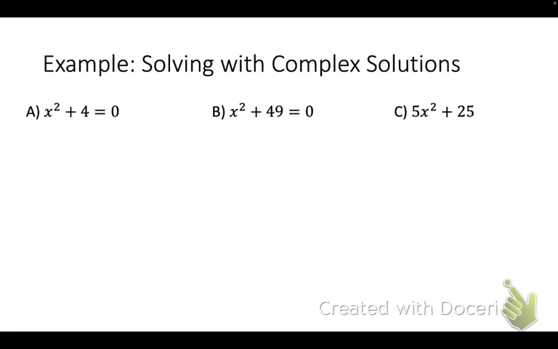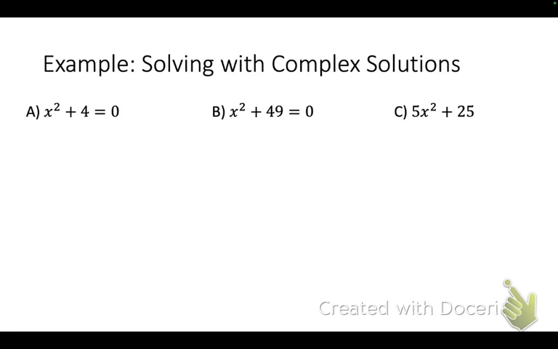So now we're going to use it to solve. We can do two things. I have x squared plus 4 equals 0, yes? I could factor it and set those equal to 0. Or there's no middle term, right?